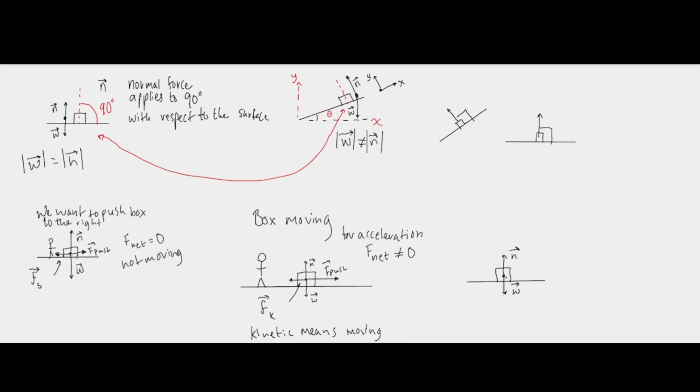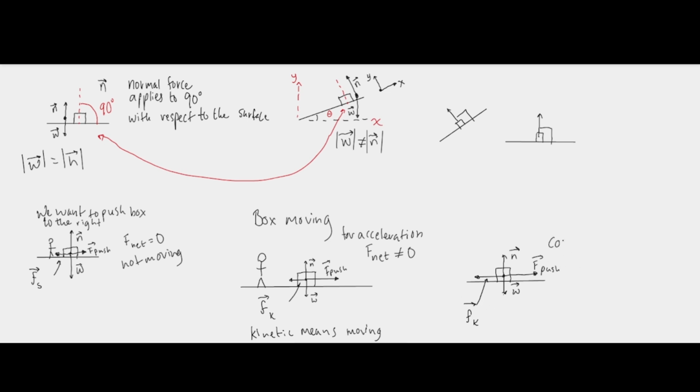So what would that look like? Well, it would look the same as the diagram on the left-hand side over here. So we would still have an F push, and it would be to the right. And now you'd have an equal vector pointing to the left, because now we're not accelerating anymore. This is still a force of kinetic friction, but now we have constant speed.